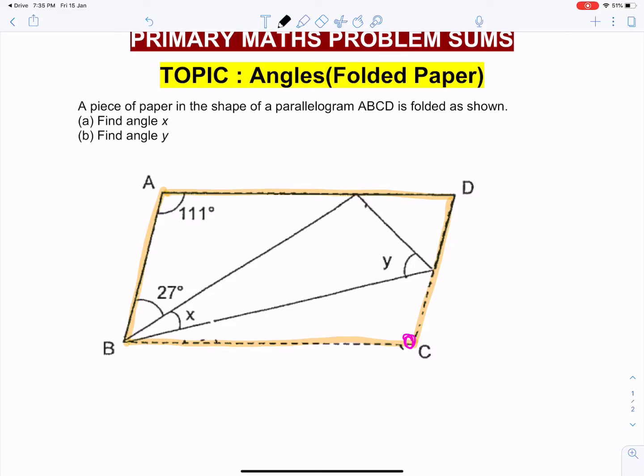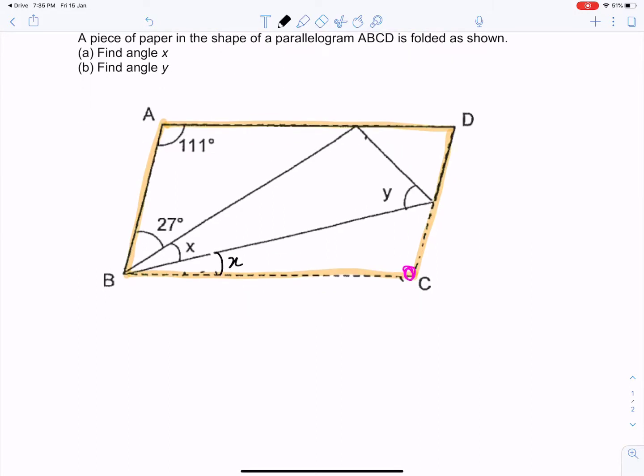So very first question, find the angle X. As I've mentioned, over here will have to be X as well. And using the properties of a parallelogram, you will have to know this as well, that when you add these two angles A and B, if they are on opposite sides of your parallel pair, A plus B will have to be equal to 180 degrees.